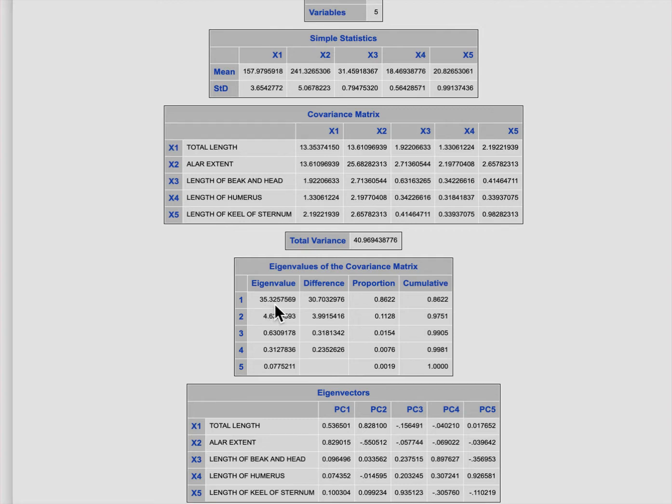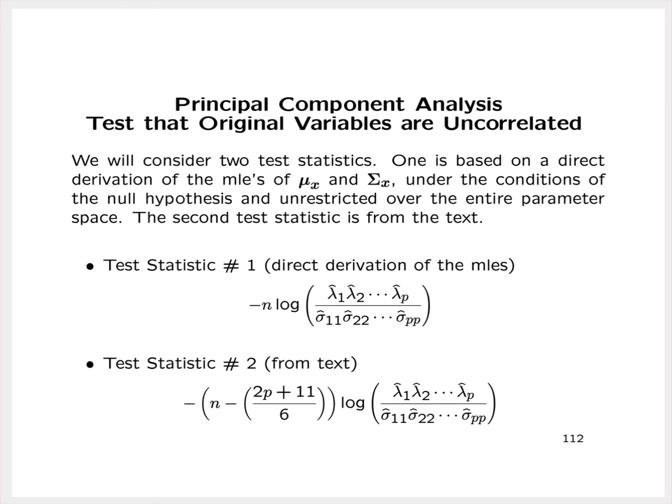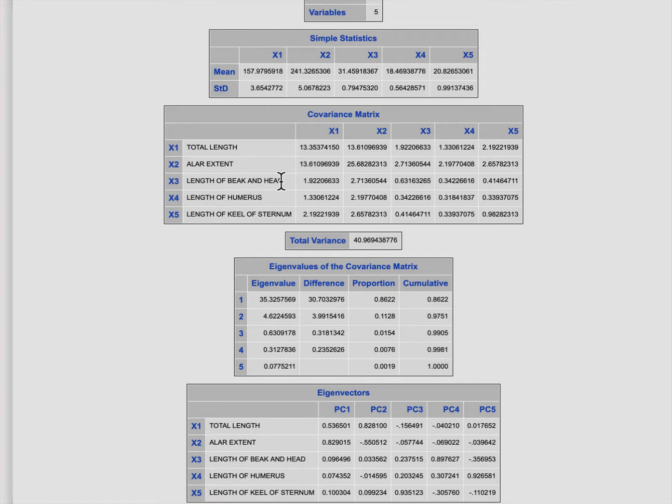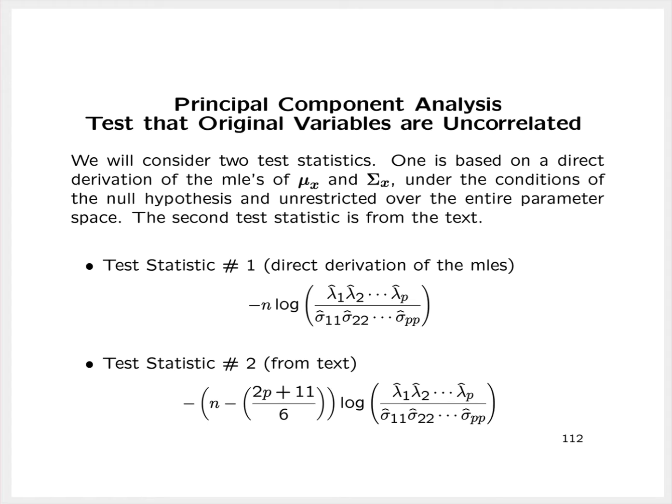So the 35.325759, the 4.6224593, and so forth. And again, what we have to do is multiply those together. We also need the sigma hats. Now, where are the sigma hats? Those are the diagonal elements in the estimated covariance matrix. So 13.35374150, 25.68282313, and so forth. So we would multiply those values together, and that product would go in the denominator.